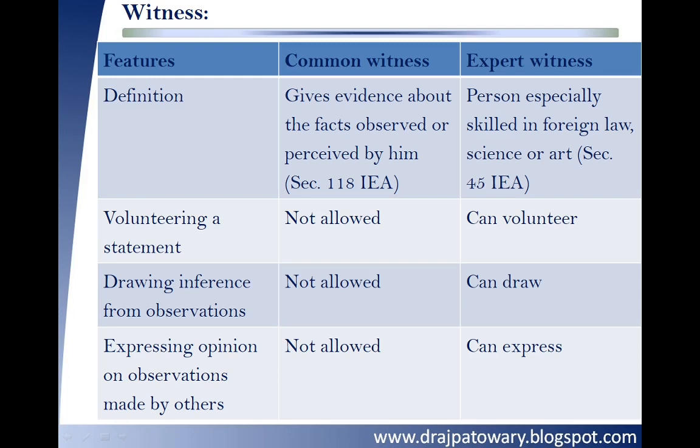Now in the court, if both the reports are given to me, I have the privilege to draw the conclusion on the basis of the findings. That is the privilege of an expert witness. They can draw the inference or the conclusion on the basis of the findings.